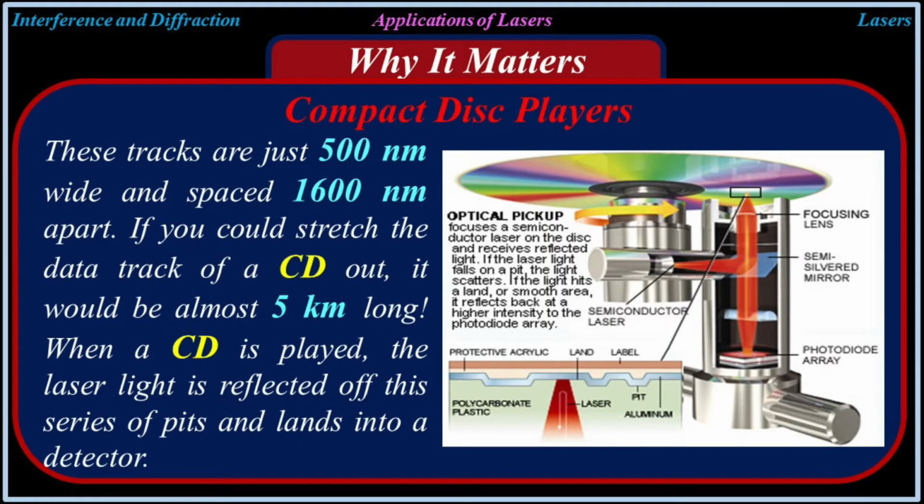These tracks are just 500 nanometers wide and spaced 1600 nanometers apart. If you could stretch the data track of a CD out, it would be almost 5 kilometers long. When a CD is played, the laser light is reflected off this series of pits and lands into a detector.